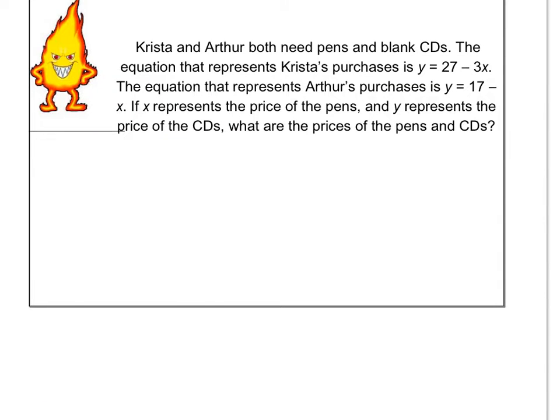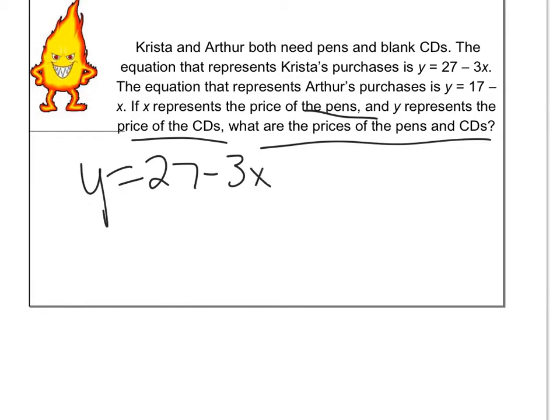Krista and Arthur both need pens and blank CDs. The equation that represents Krista's purchases is y equals 27 minus 3x. The equation that represents Arthur's purchases is y equals 17 minus x. X is the price of pens, y is the price of CDs. What are the prices of each? So you've got y equals 27 minus 3x, and y equals 17 minus x.